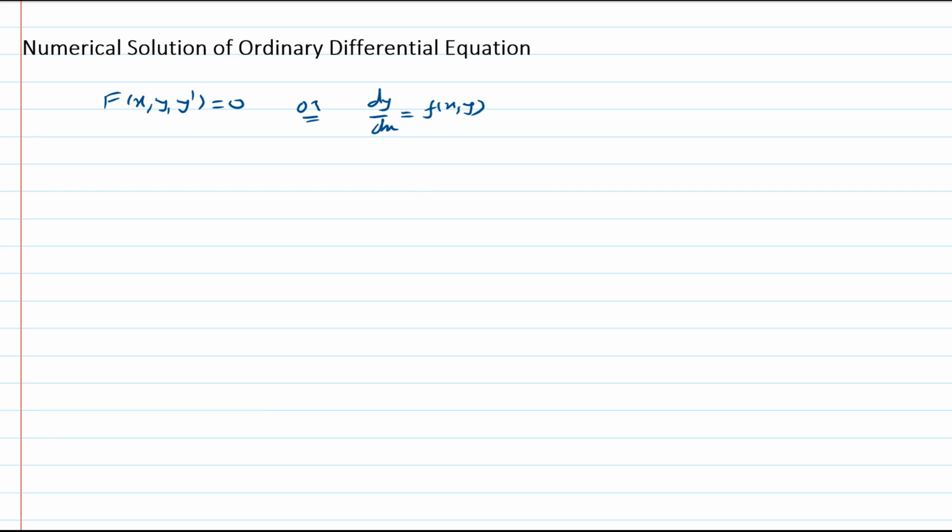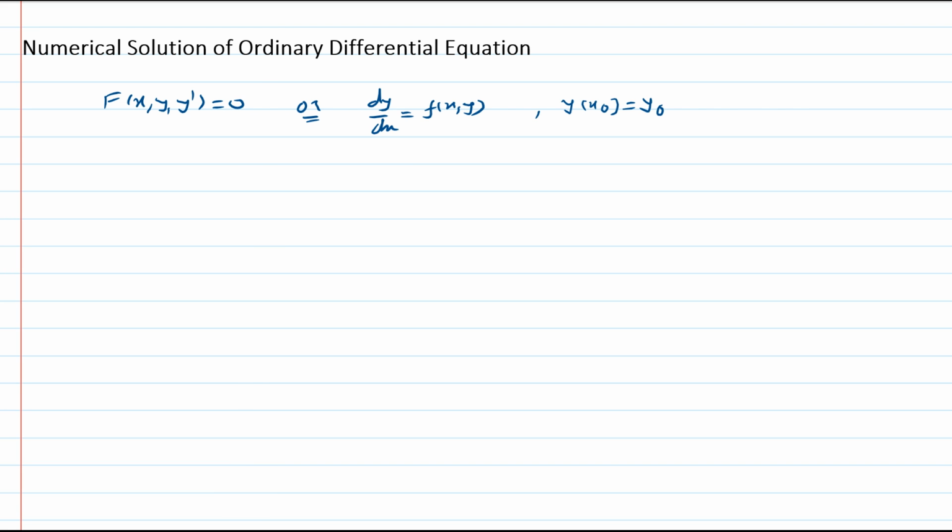Both are first order differential equations, but here we add one more condition: if you have dy/dx equals f(x, y) and some condition is given that y(x0) equals y0, then this becomes the initial value problem, and here we are going to discuss this type of problem.